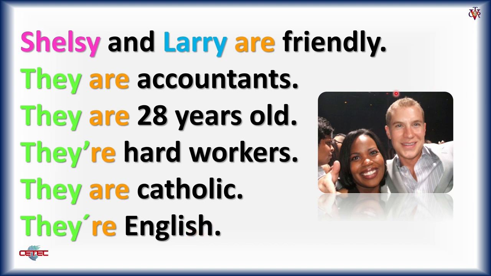Here we are talking about they, and they have the same information, and you can use they. Chelsea and Larry. If you don't know the names, you can use the subject they. And here, more than two, are.